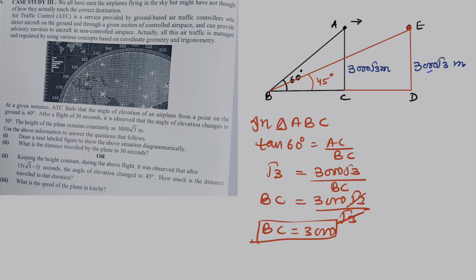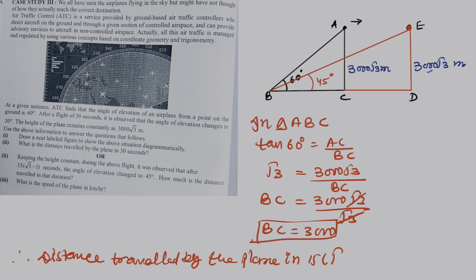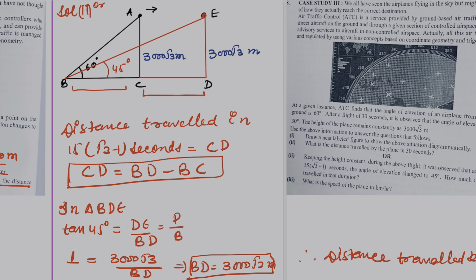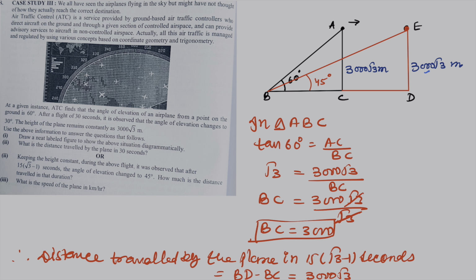Now what we have to find is the distance traveled. So therefore distance traveled by the plane in 15 into root 3 minus 1 seconds equals BD minus BC, which equals 3000 root 3 minus 3000. From here we can take 3000 common, so we will get 3000 into root 3 minus 1 meters, and this is the answer.